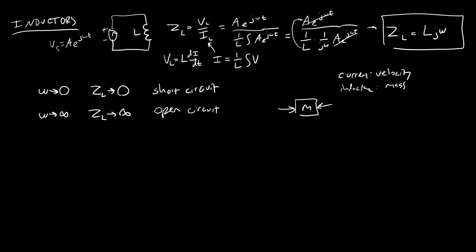So you keep oscillating the direction you're applying a force to this mass, then it's never actually going to have time to start accelerating in either direction. It's just kind of going to vibrate back and forth in the same spot, as opposed to the steady state case where you apply a constant force to a mass and it's just going to accelerate in a single direction. Kind of the same idea with an inductor here.